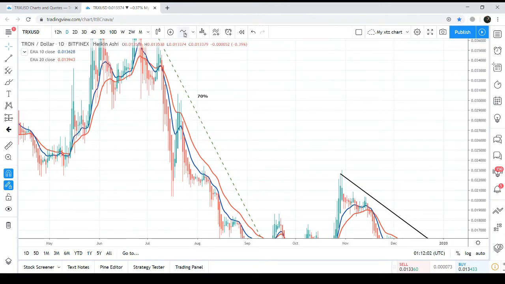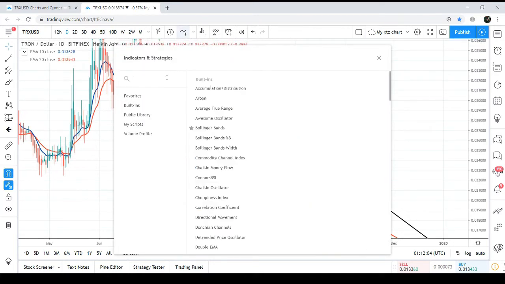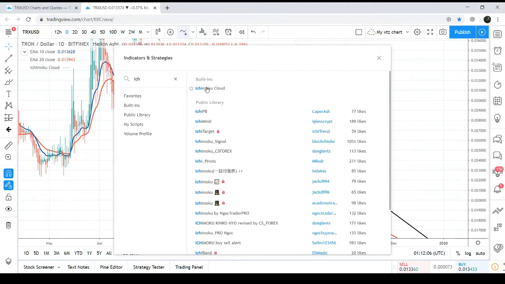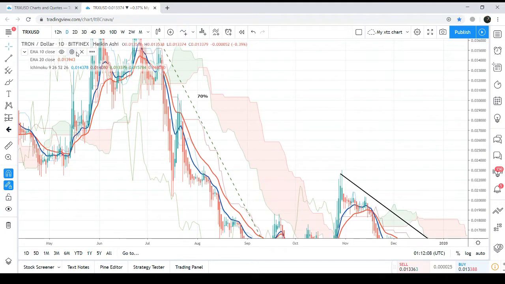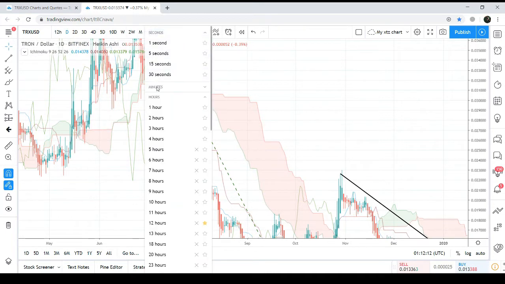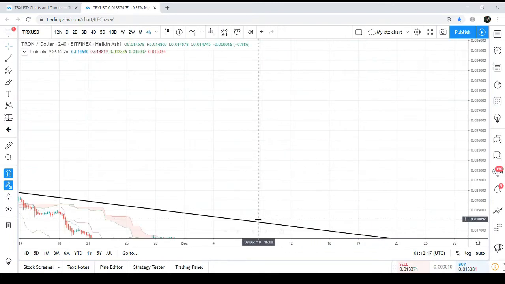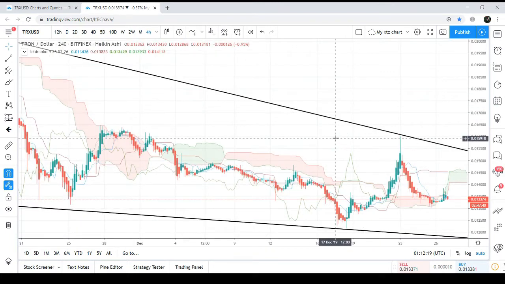And if we see the Ichimoku cloud on the 4-hour chart, I'm just removing the moving averages. All right, this is the Ichimoku cloud on the 4-hour chart.